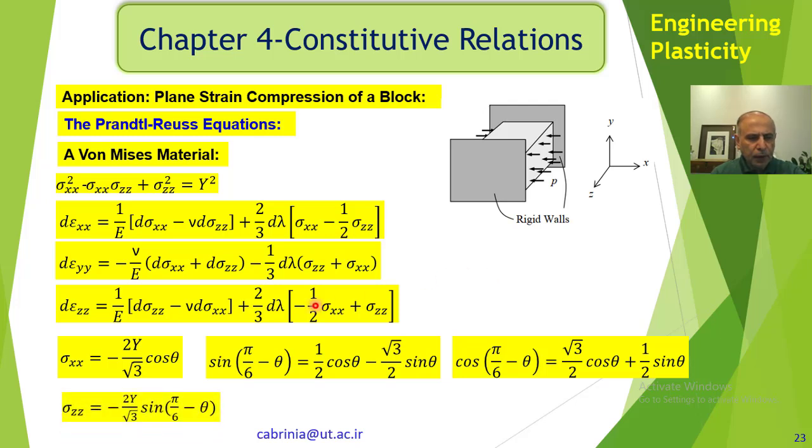If I substitute this in here, I will get sigma ZZ equal to minus 2Y over root 3 sine of pi over 6 minus theta.